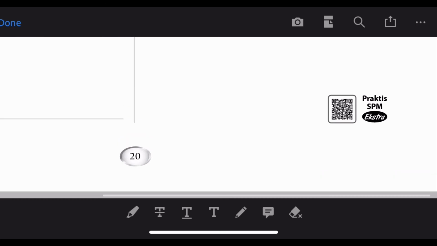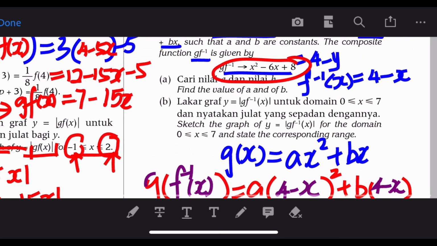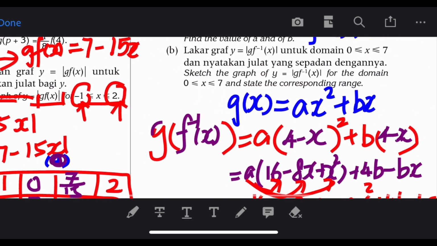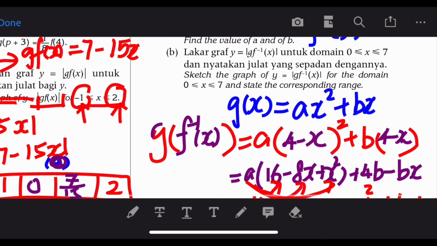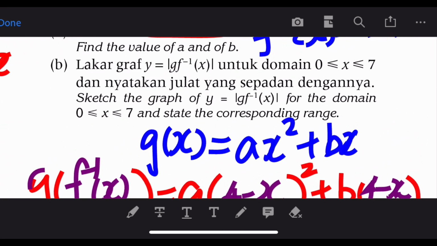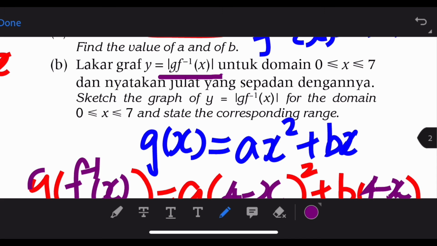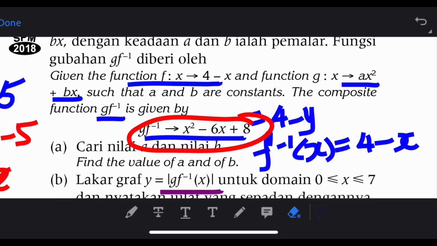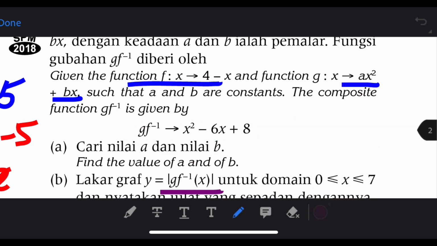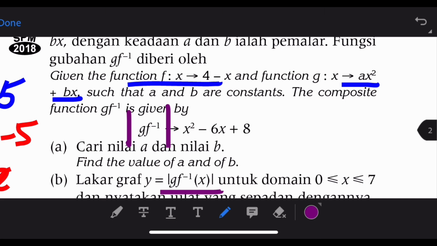We have one more, which is that we need to sketch this function g of x. This is very challenging. Now the question is asking us to sketch modulus g of x. We have g of x here, but the question wants the modulus. So how do we sketch a modulus with a quadratic function?